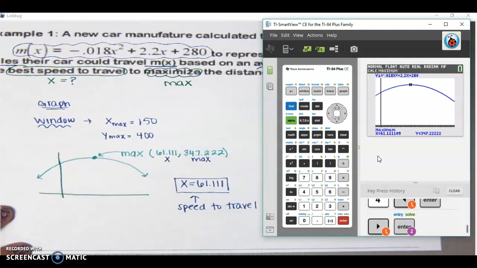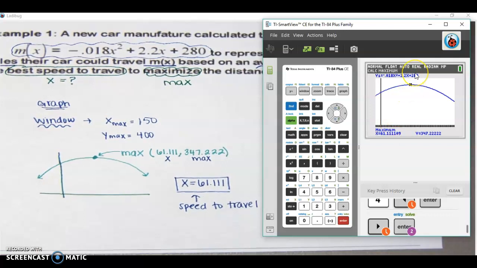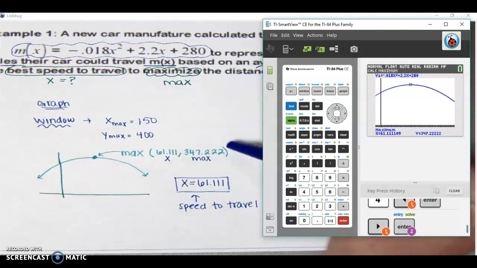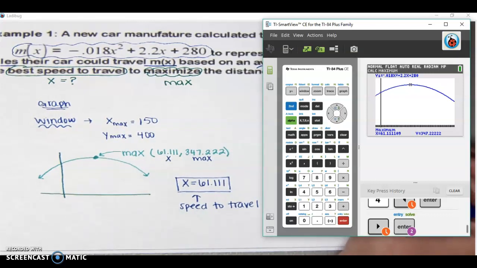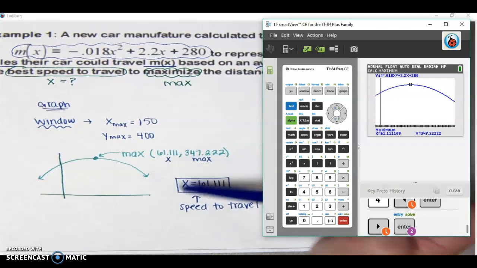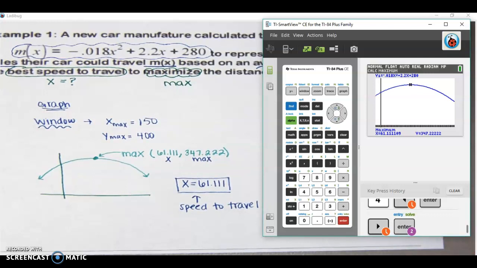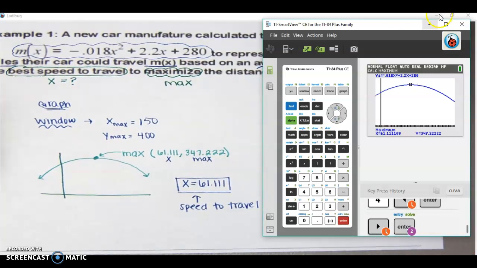So for most of these problems, you're going to be finding the max or finding the min using your calculator graph. And then depending on what the question asks, sometimes it actually asks for the max. This time it asked what is the best speed to travel, and we know that was the x value. So 61.111 was our answer for that. Alright, so next.